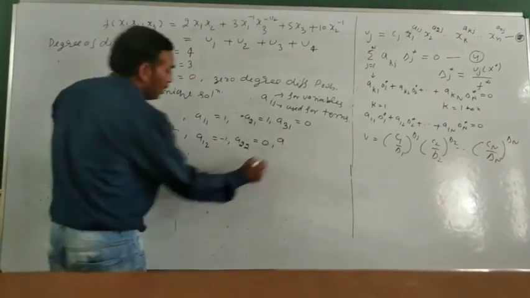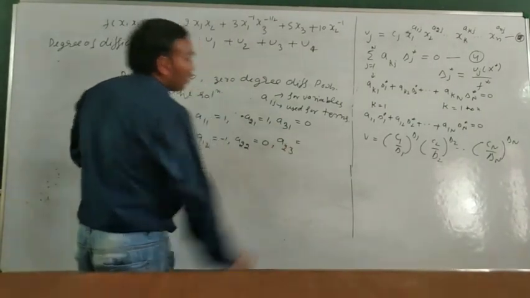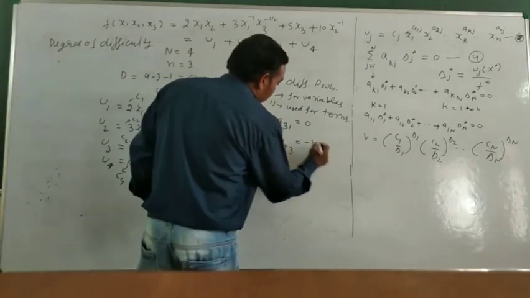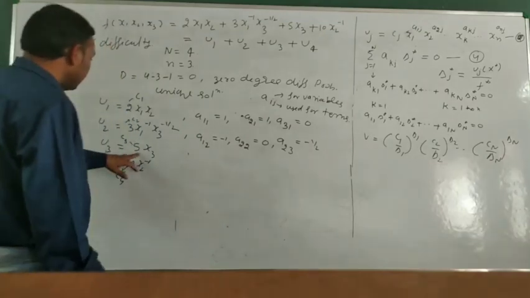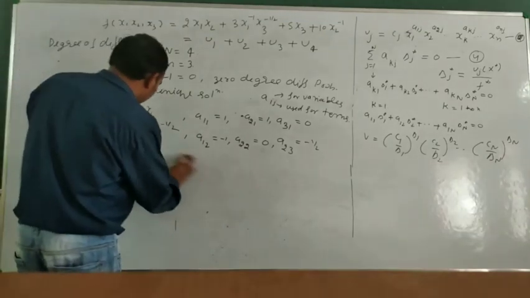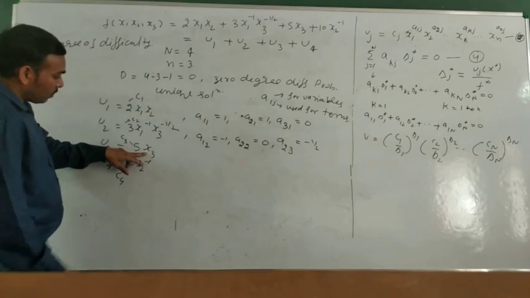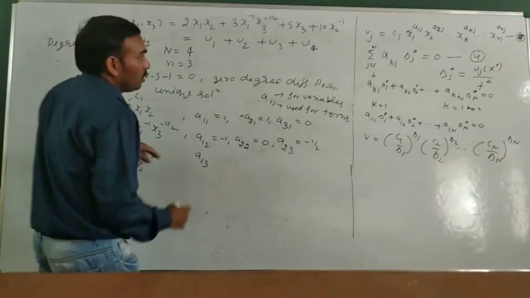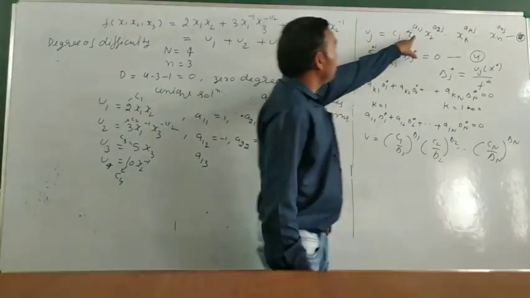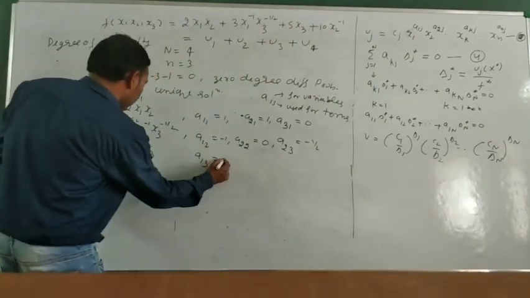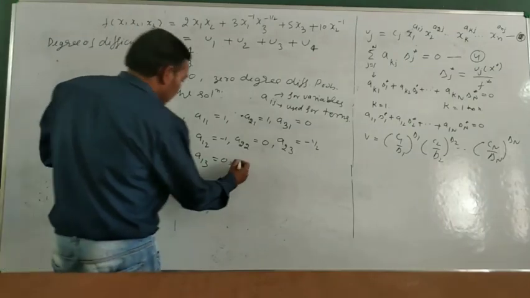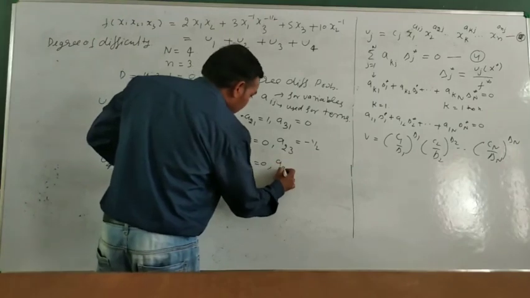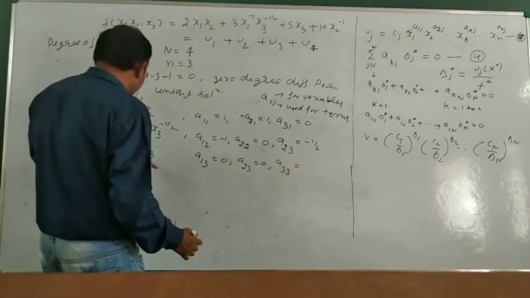And a32, the power of x3, is minus half. For the third term there is no power of x1 or x2, so a13 equal to 0, a23 equal to 0, a33 equal to 1.